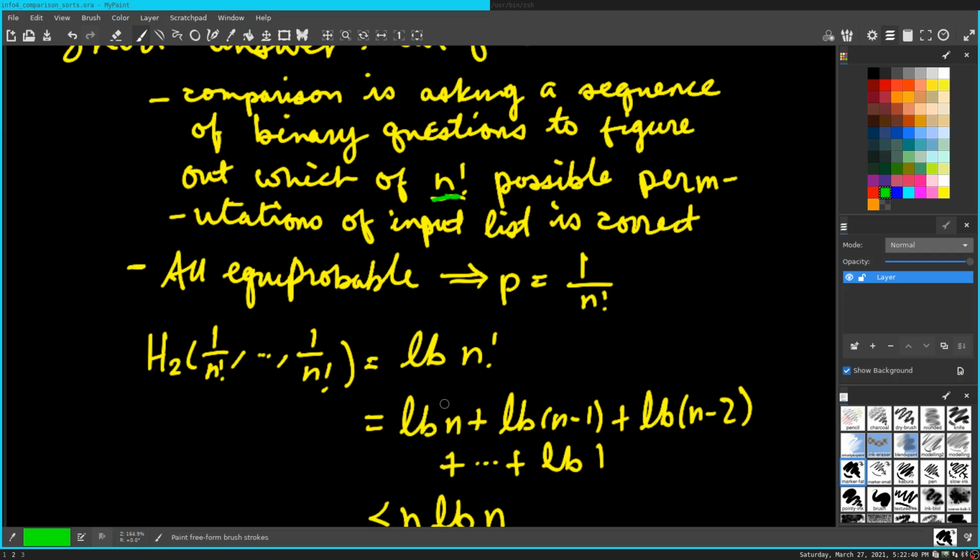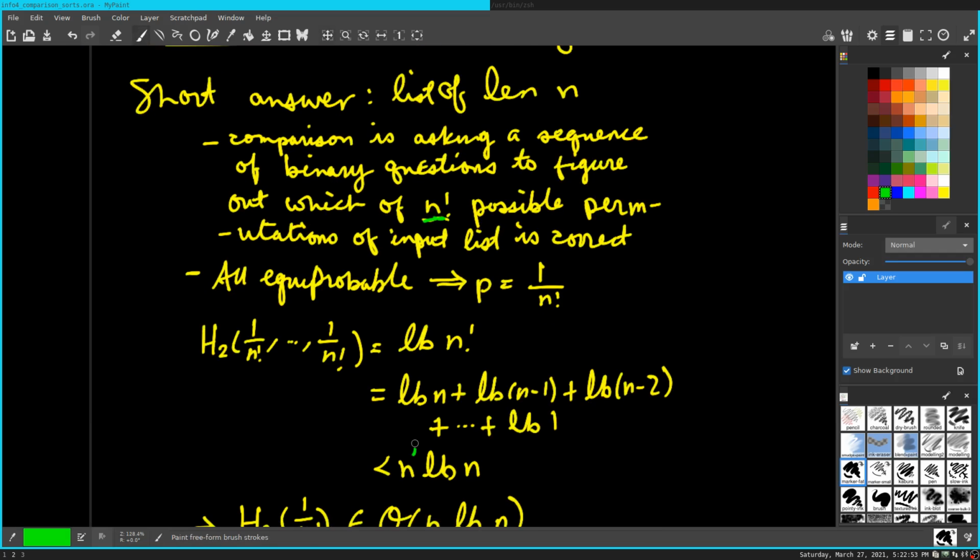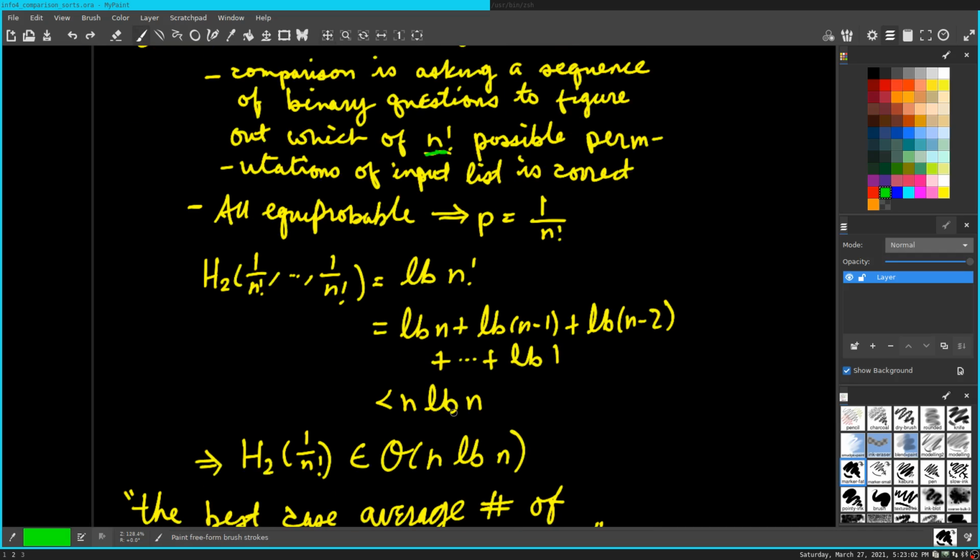That is the lower bound. You are never going to come up with an algorithm that on average does fewer than log of n factorial comparisons in order to ascertain the input. Sorry, I'm repeating myself, but it's important to get this clear, and repeating helps you remember.